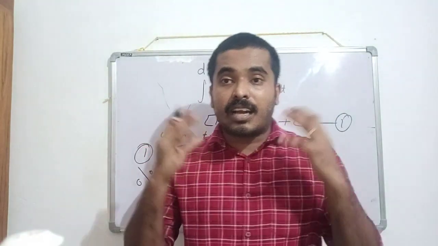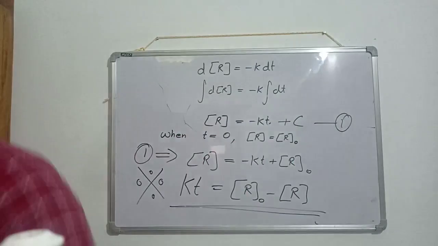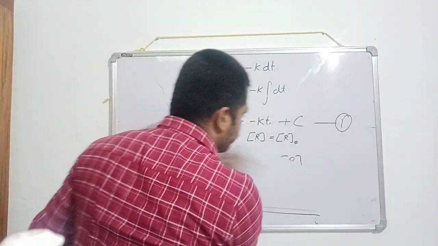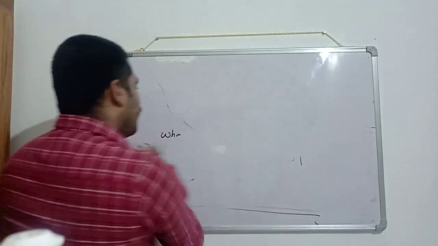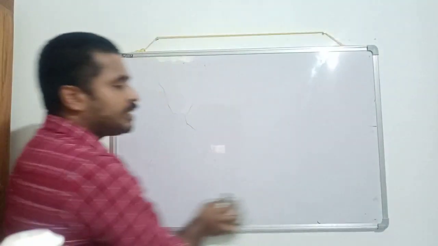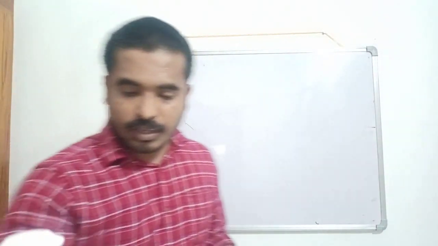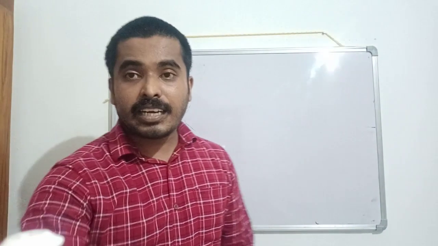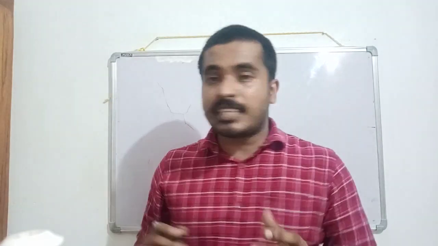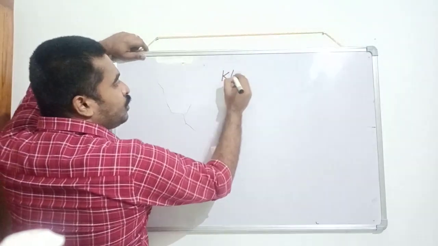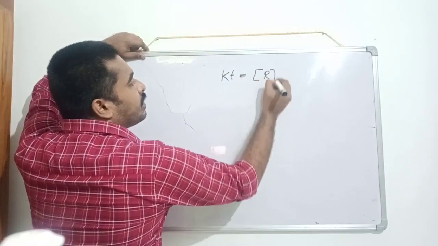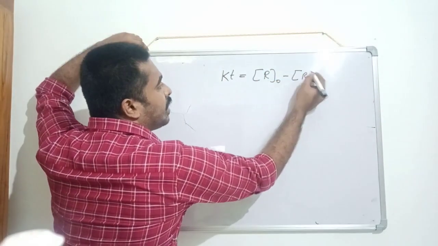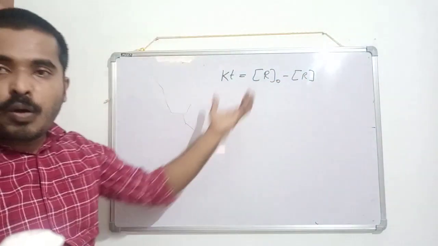Now let's see the graph of zero order reaction. I am only talking about zero order reaction. Tomorrow we will discuss first order reaction. We got the integrated rate equation for zero order reaction as kt is equal to R0 minus R. Now I will plot the graph.